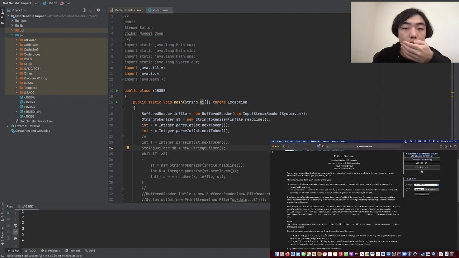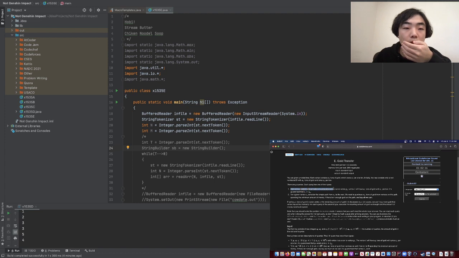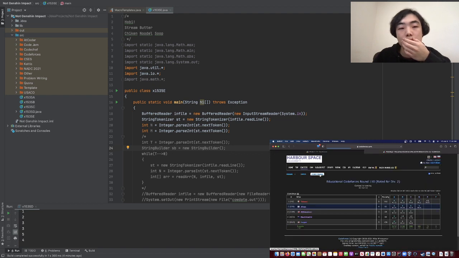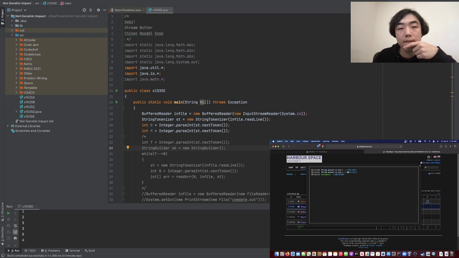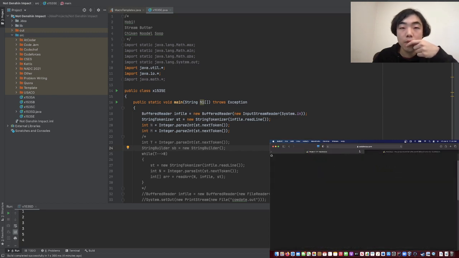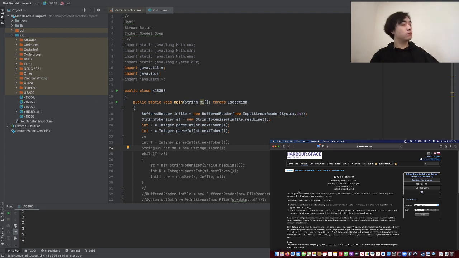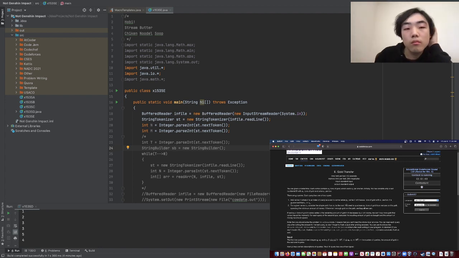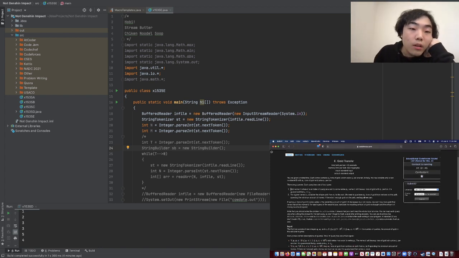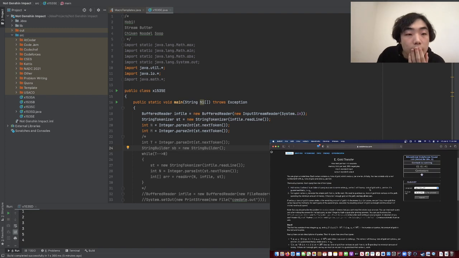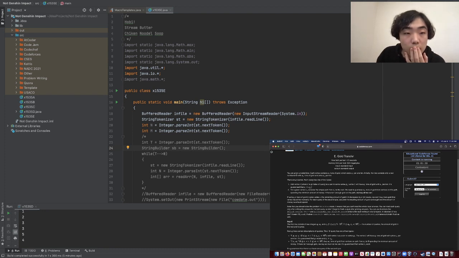For Q queries, each query has 1 of 2 types. We either add some vertex I to some vertex pi. So we just add a child, and this will have this much.